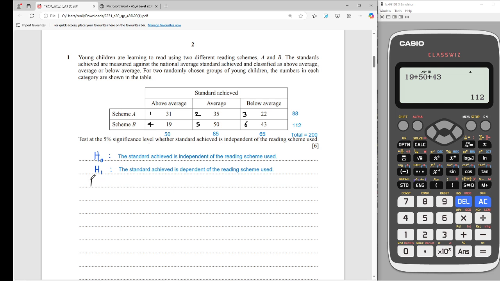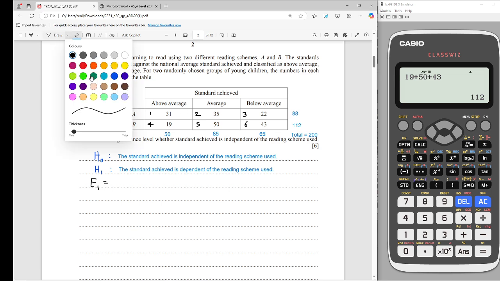Okay, next we need to use the formula to find the expected values. When I say E1, what does this mean? It means I'm trying to find the expected value for the first one, which is 31 here. This is the observed value, what we call O1. To find E1, we have a formula.